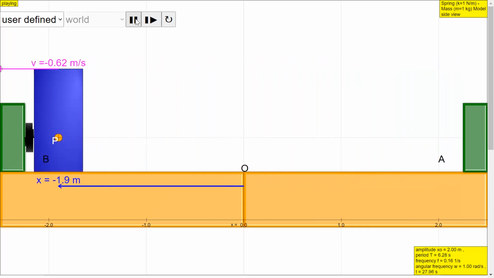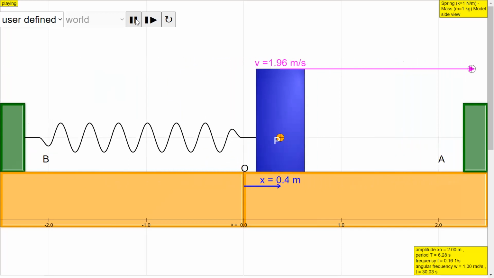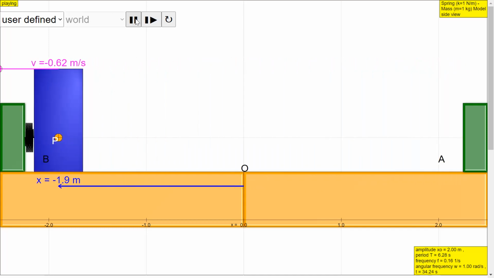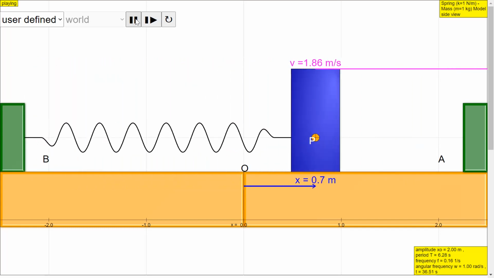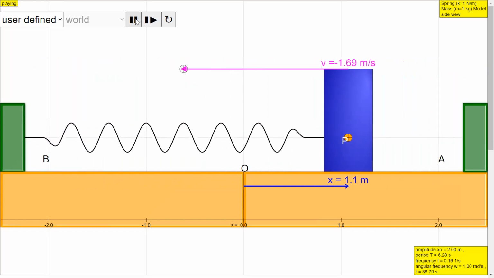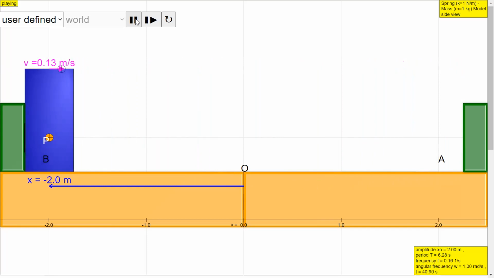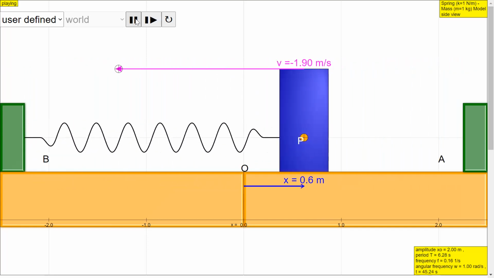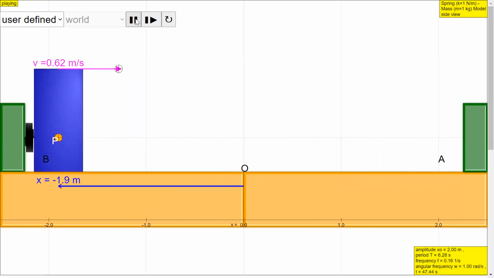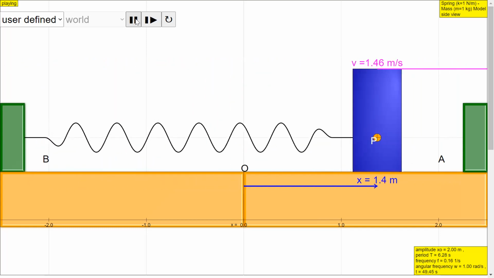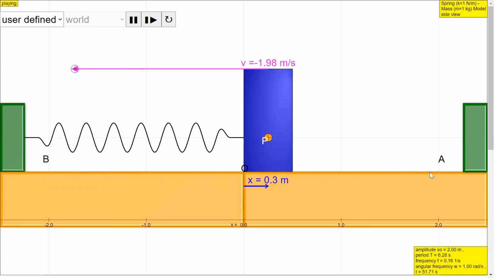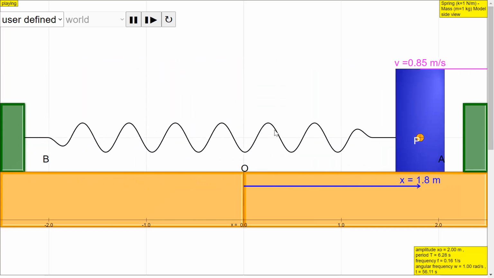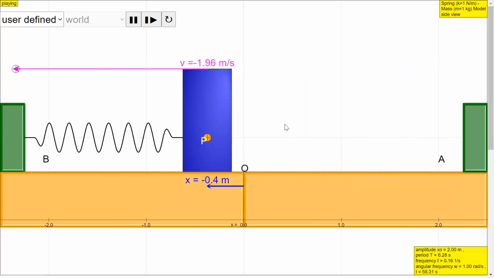This is an example of oscillation or periodic motion. The body repeatedly moves back and forth. In this case, this is an ideal spring on a frictionless surface, meaning there is no force that will oppose the motion of our body.